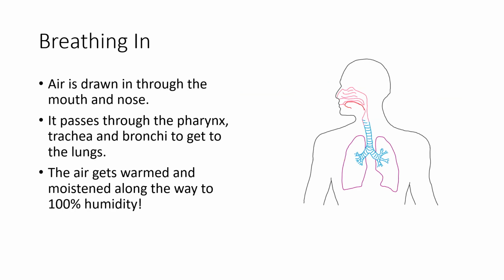So the first stage in this whole process is that the air with the oxygen is going to be drawn in through the nose or drawn in through the mouth and pass along through these nasal passageways or through the mouth to the back of the throat here, which is called the pharynx. As it passes through here, it's going to get warmed up and the moisture level is going to increase as well.